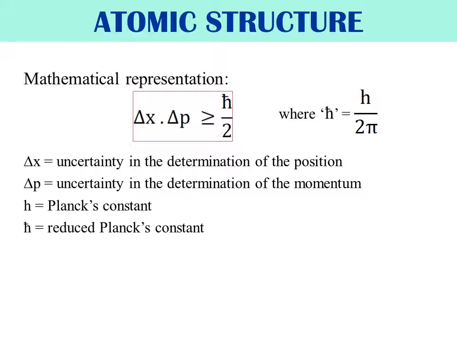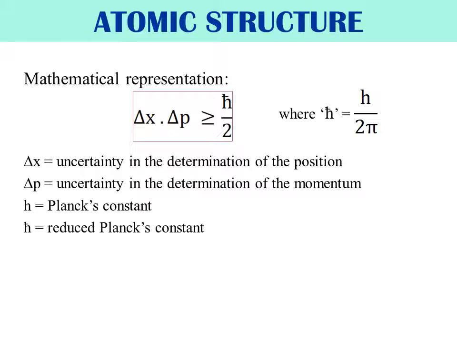If the uncertainty, the delta x value, is very less, that means we are very sure. But if the delta x value is more, then my uncertainty is much more with respect to determining the position of the particle within the space.